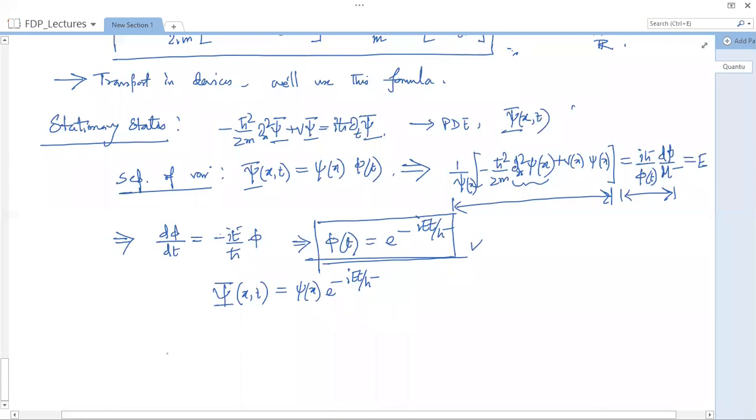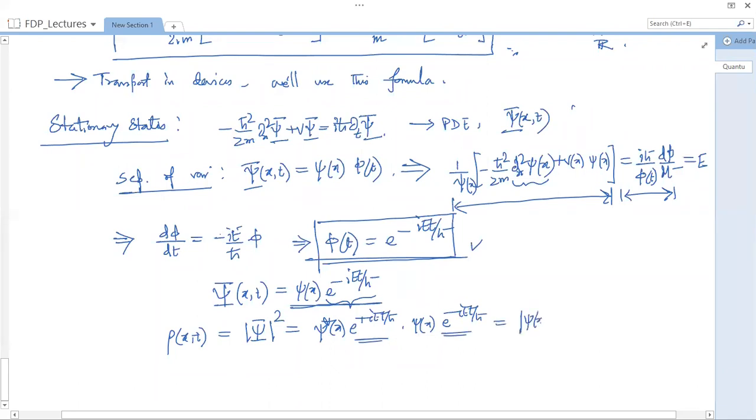and so what is rho of x,t? Rho of x,t is this psi squared, which is the modulus squared of these things, but the modulus of the phase factor will be 1. So if I write psi star of x e to the power plus iEt by ħ times psi of x e to the power minus iEt by ħ, this cancels, so we get only psi of x squared, which is independent of time.